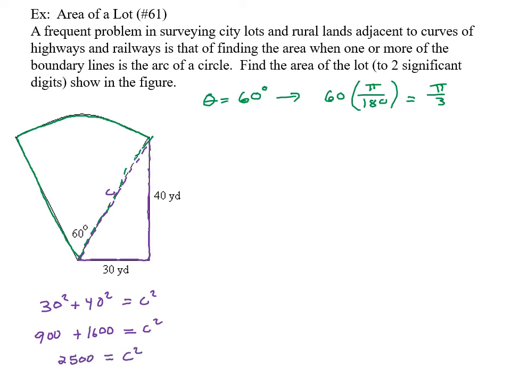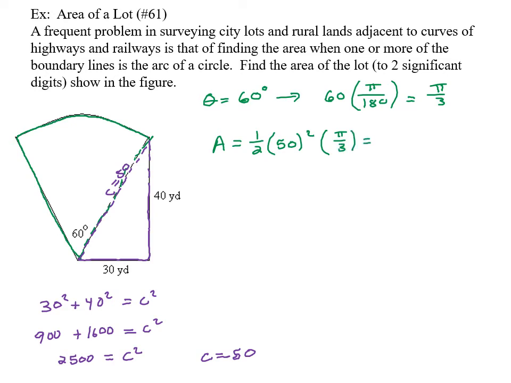If you take the square root on both sides, you'll get that C is 50. 50 yards. Then I have a radius. That 50 is my radius as well. So my area of my sector is 1/2 times 50 squared times pi over 3.